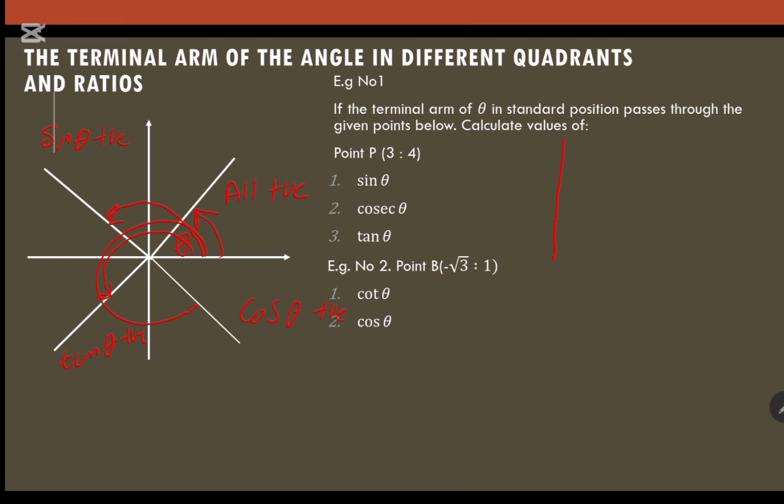So you simply draw a set of axes and you put the angle there. So the angle is in the second quadrant. For the point here, the point is (negative square root of 3, 1). So you drop a perpendicular to complete a right angle triangle.